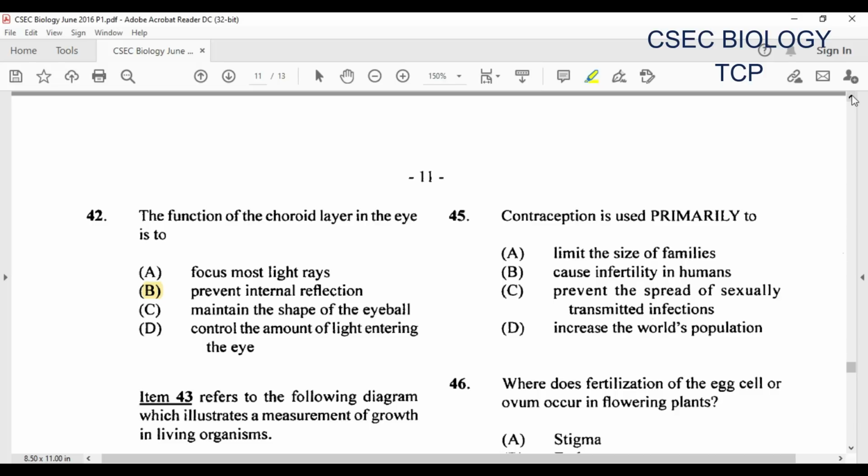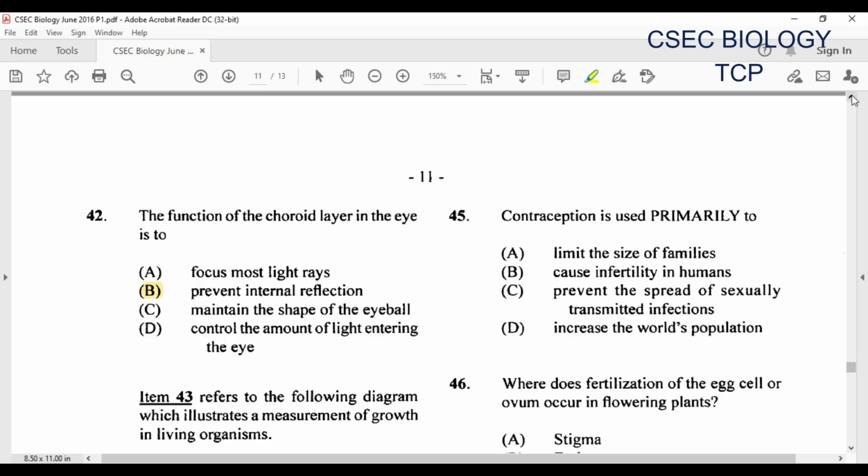Contraception is used primarily to, of course, this too is another question that would have made its round on the paper. Is it to limit the size of family? Is it to cause infertility? Definitely not to cause infertility. To prevent the spread of sexually transmitted infection?